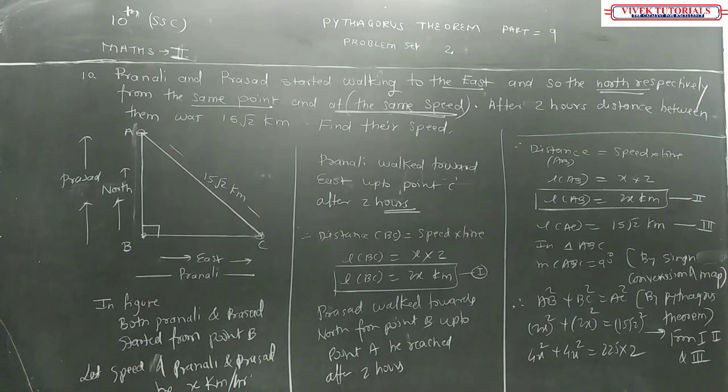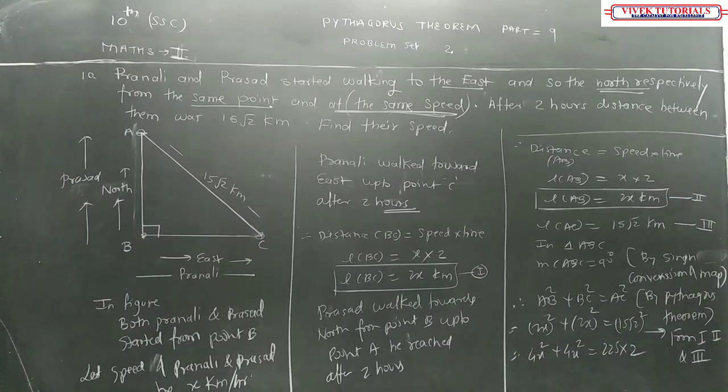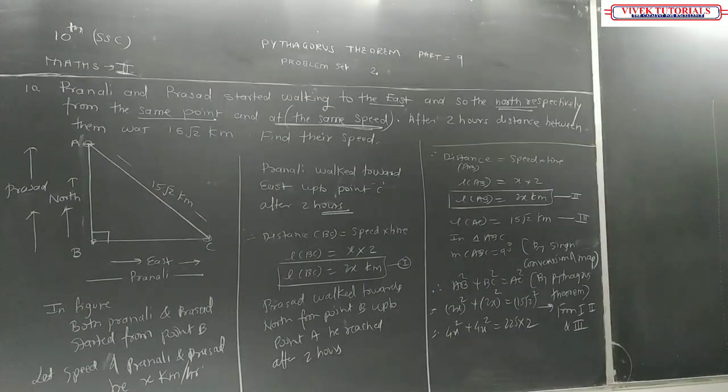So it becomes this. Now 4x square plus 4x square is 8x square. And this becomes 450. Got it now? So x square is equal to 450 by 8.